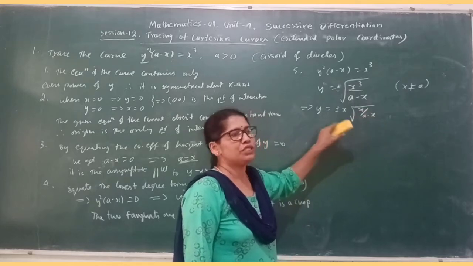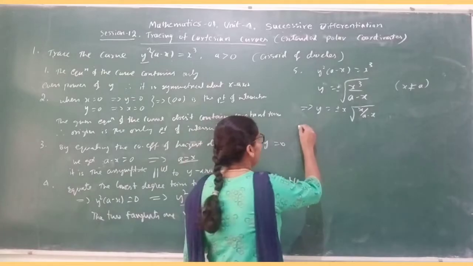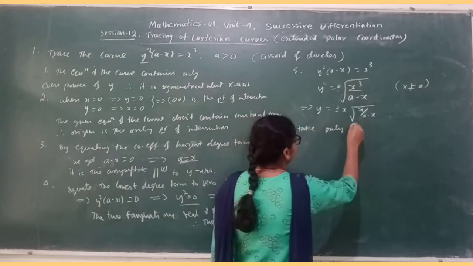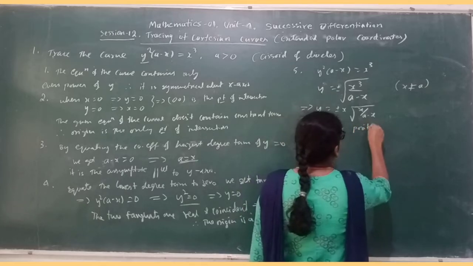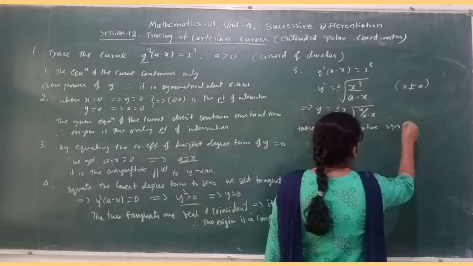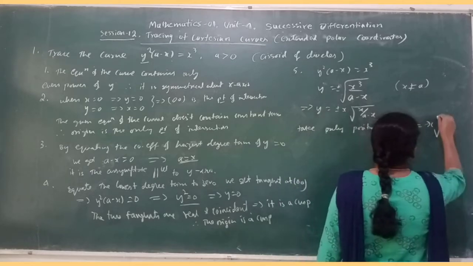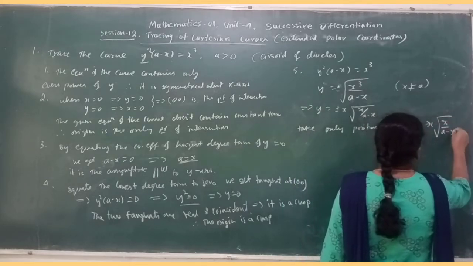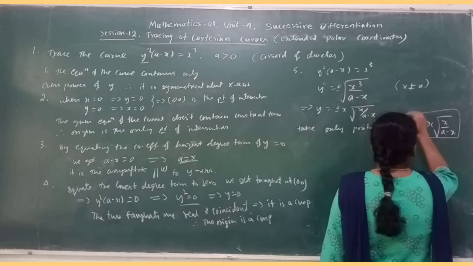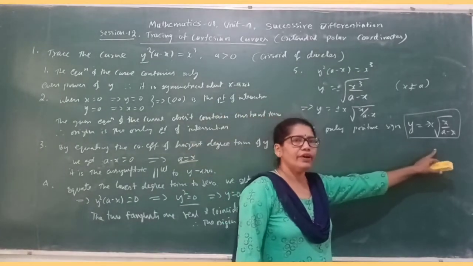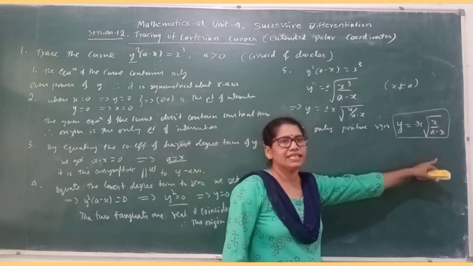Taking only the positive sign, we get y is equal to x into root of x by a minus x. We will consider only the positive value. Then y will be equal to root of x by a minus x.